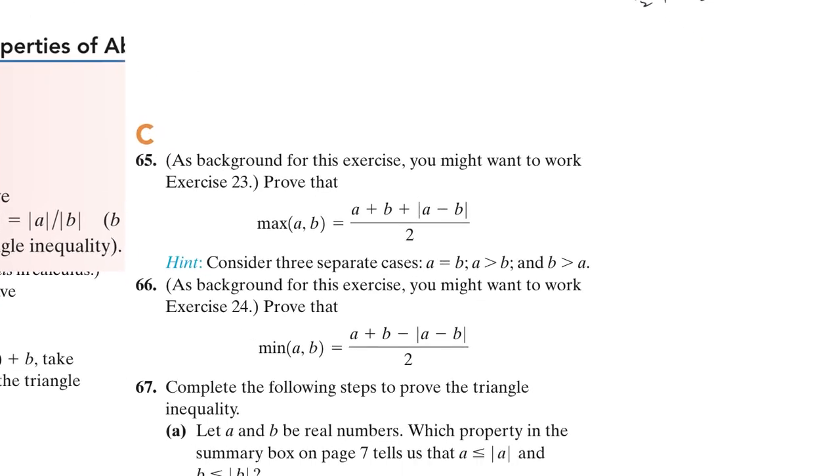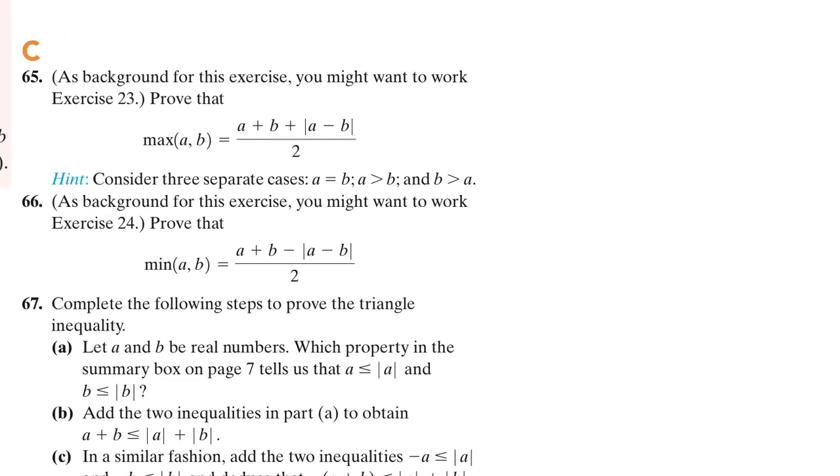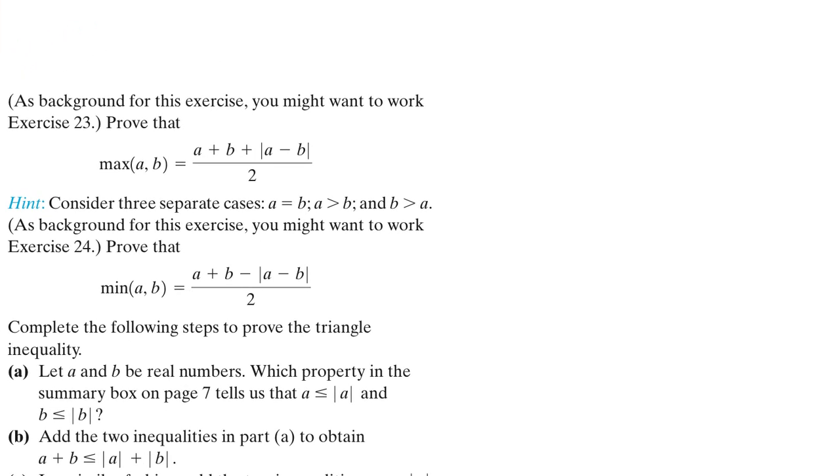Okay, so let's go back here. Let's prove that the max of a, b, so the maximum of a and b, is equal to exactly this. And so what we have is 3 cases for this. Case 1, where a and b are the same, if a is equal to b.